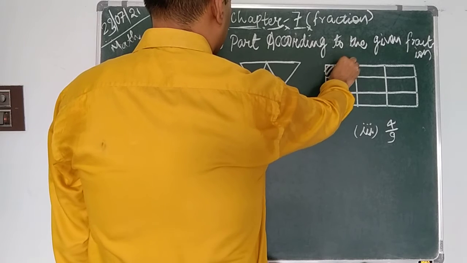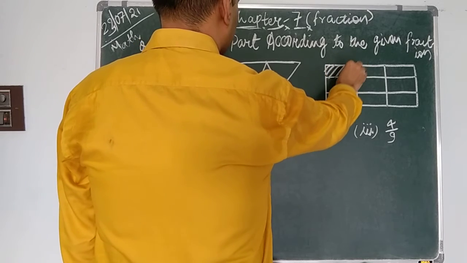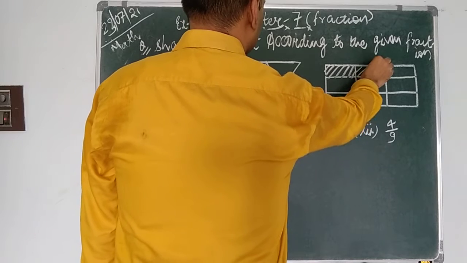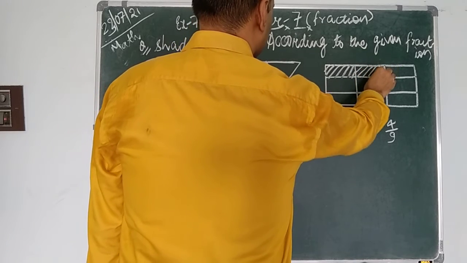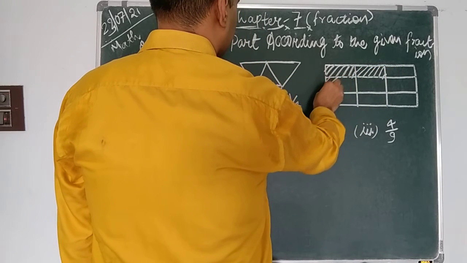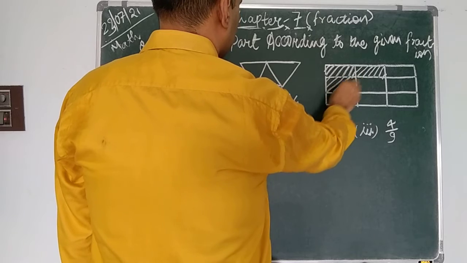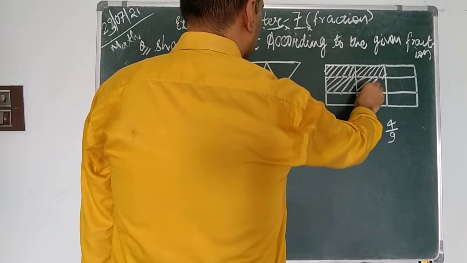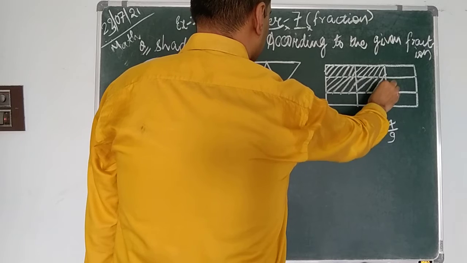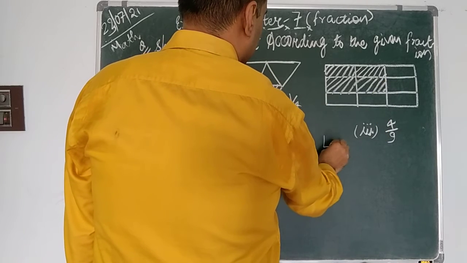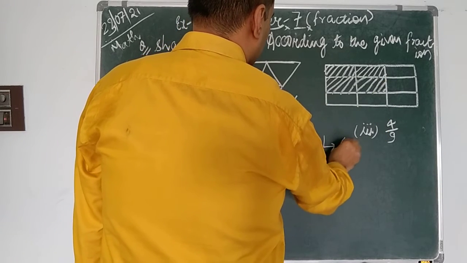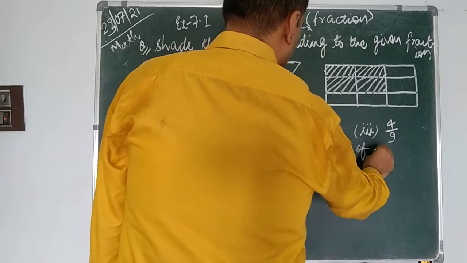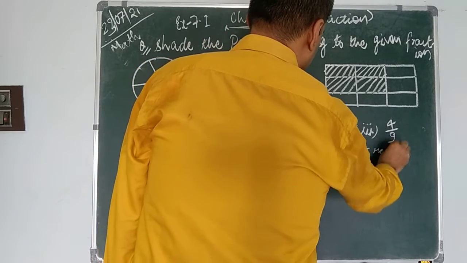This is the second part. This is the third part. And this is the fourth part. So now we can say that the shaded part represents 4 by 9 of the rectangular figure.